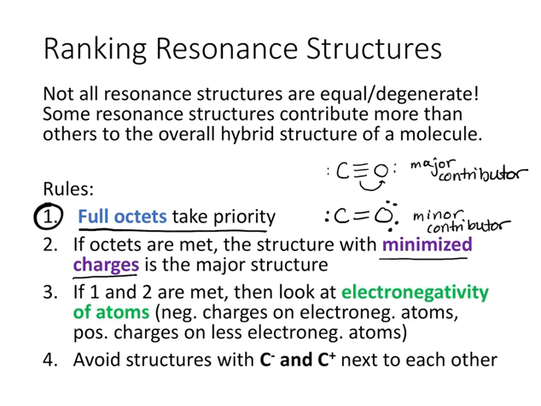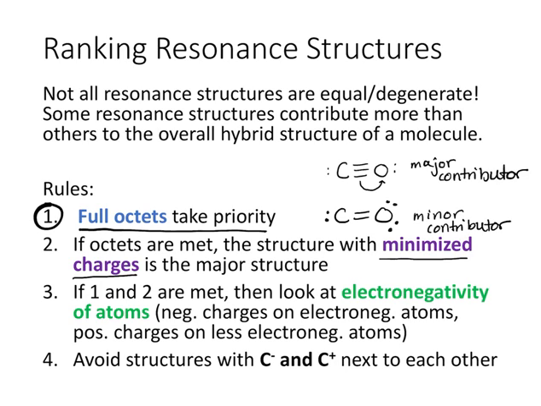Number three, if conditions 1 and 2 are met, then look at the electronegativity of atoms. Negative charges should be on electronegative atoms, and positive charges should be on less electronegative atoms.